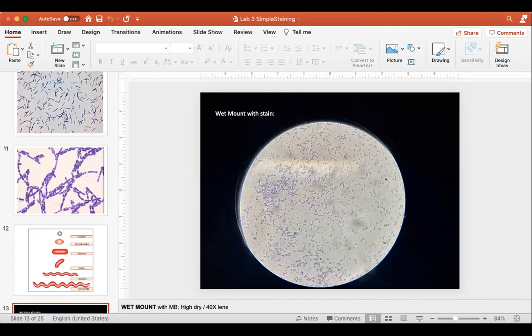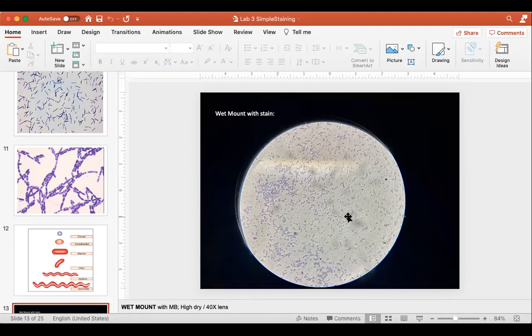On this slide, you're looking at some bacterial cells under the high dry lens. Remember, that's the 40x lens. These cells were actually placed in a wet mount. So remember from last time, that means we just took a drop of the culture and put it on a slide and put a cover slip over it. But then what we did was we added just a drop of methylene blue at the edge of the cover slip, and we allowed it to be drawn under into the fluid.